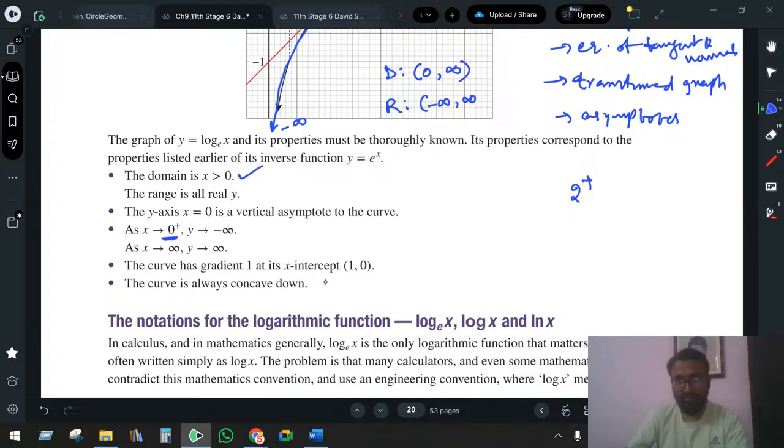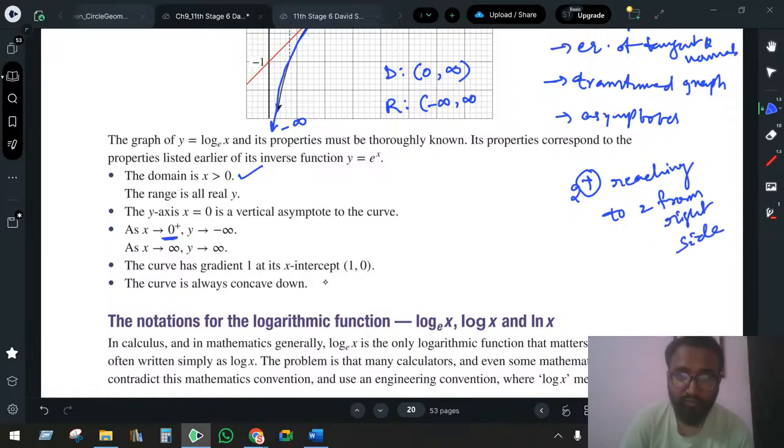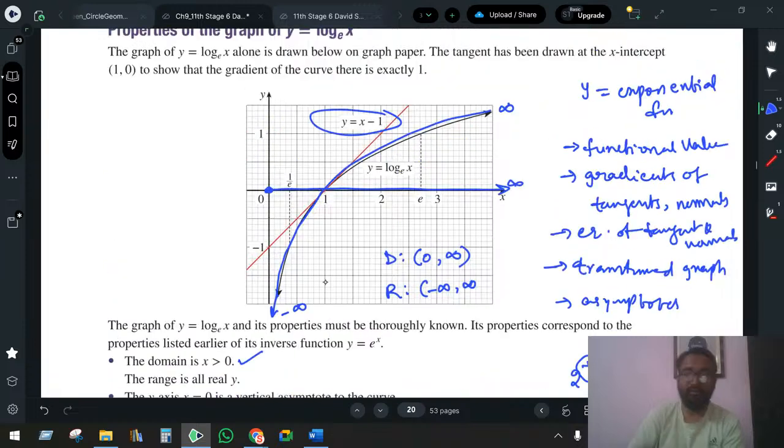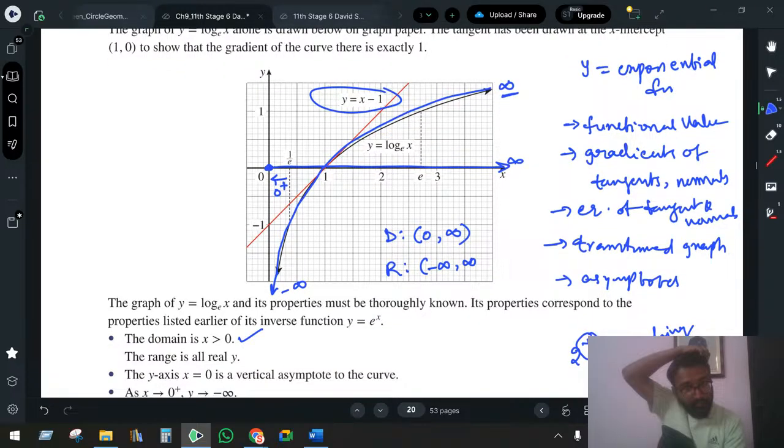So plus stands for reaching 2 from the right side. 2 minus means reaching 2 from the left side. 0 plus means reaching 0 from the right side. As x extends to 0 plus, you are going to minus infinity. As x extends to infinity, you are going to plus infinity. Is it clear, the points?